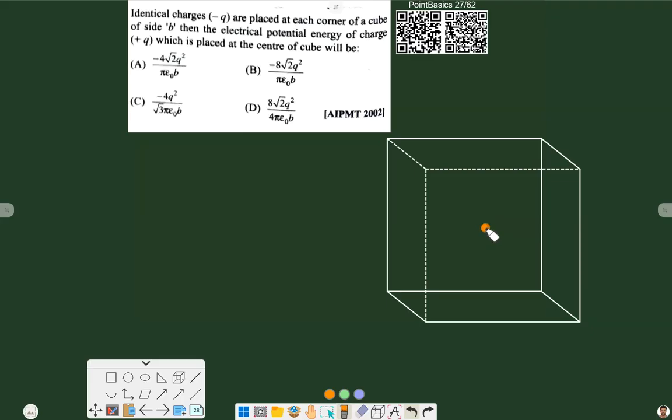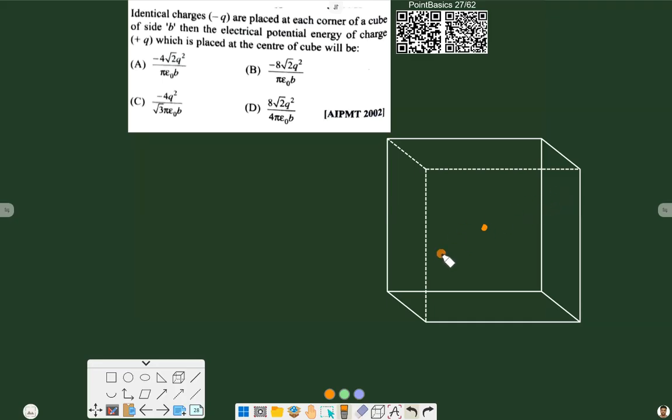Now what we have to find? Because at each corner there is a negative charge and the positive charge is at the center, the distance of this positive charge from each corner will be equal. So we just have to calculate the distance of this positive charge from one corner, and then we will be able to find out the total potential energy of the system.